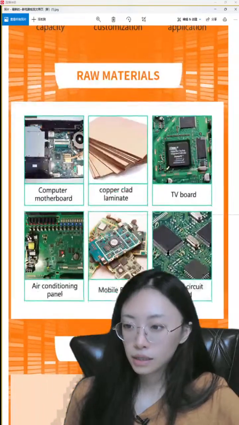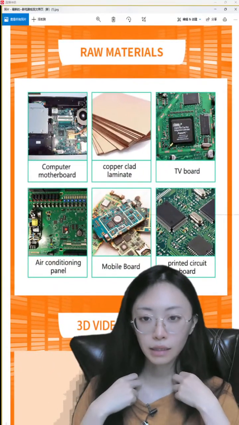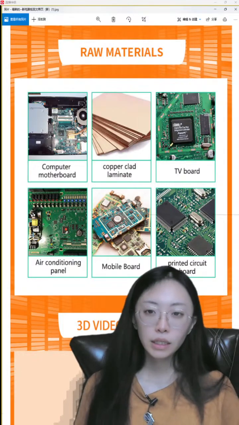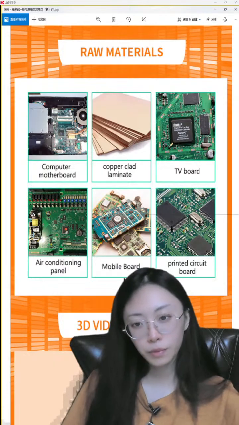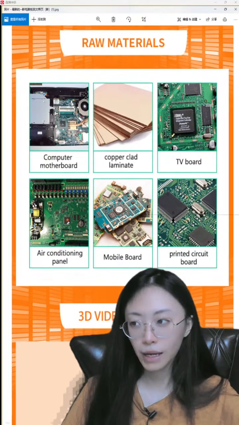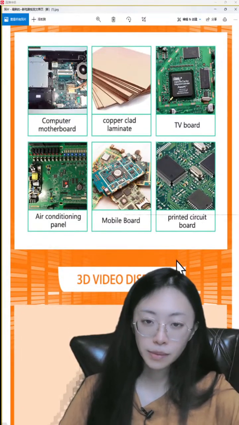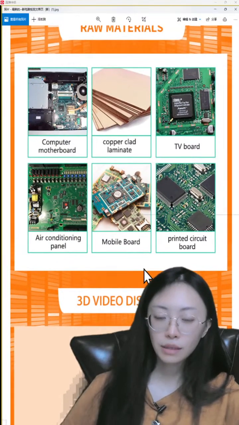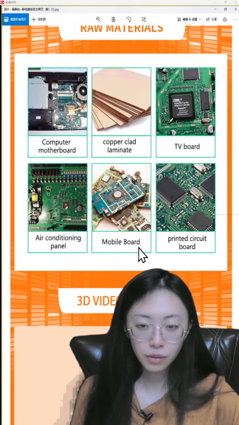And here are the different raw materials we can process, like computer motherboards, copper laminate, TV boards, air conditioner panels, mobile boards, and printed circuit boards, which are PCBs. We can recycle them all. On the surface of them, they have some components.